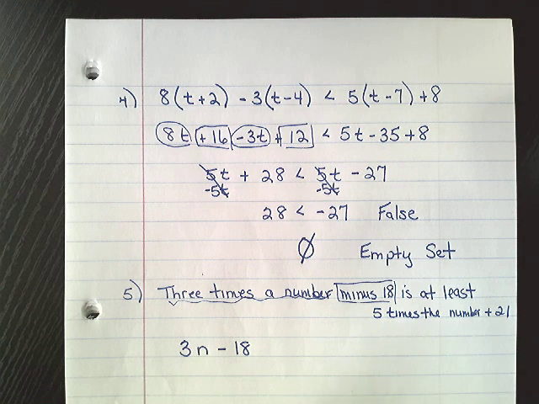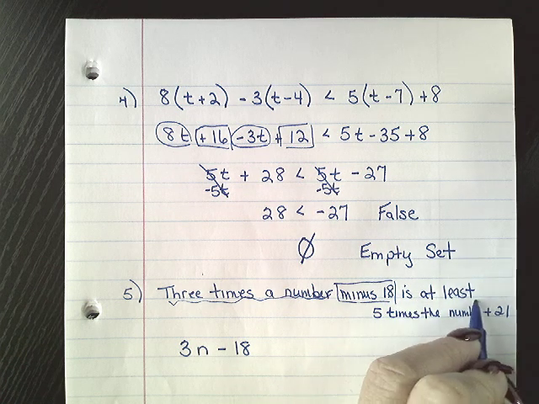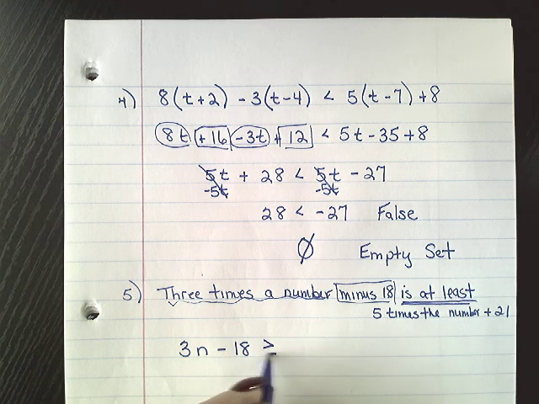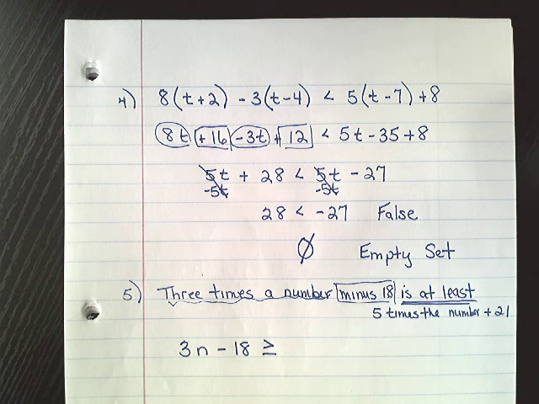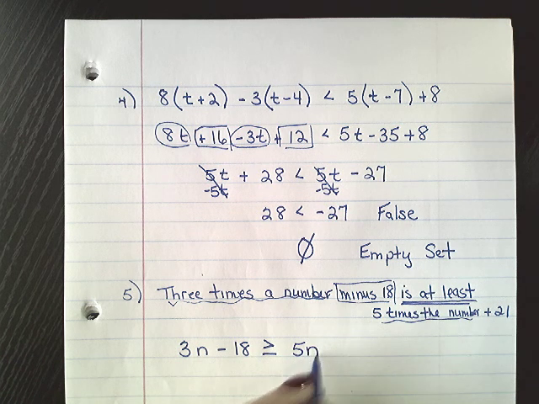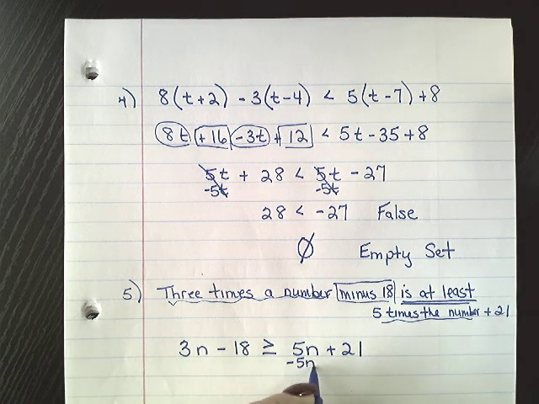Now here is where you will need to remember what symbols to use, and that's why I attached those other 2 papers for notes. Is at least. If it's at least, can it be more? Yes. Can it equal? Yes. So therefore it's going to be greater than or equal to 5 times the number, so that would be 5n plus 21. And then you would go on and solve. I'm going to subtract 5n from both sides.